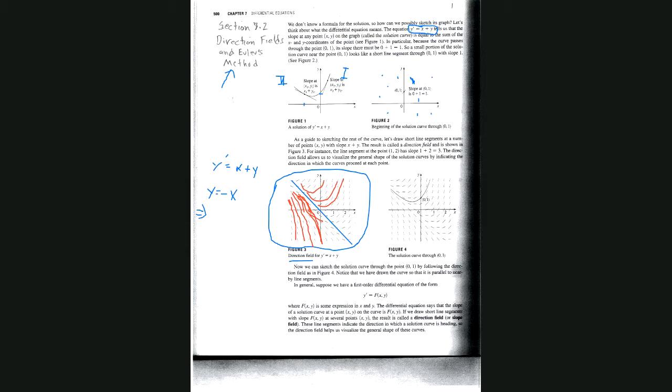All the tangent lines in your direction field along the line y equals negative x, what do the slopes appear to be?